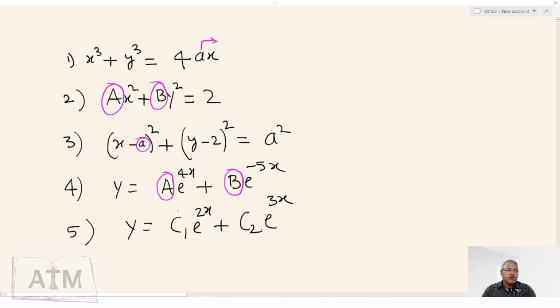And in the last example, again there are two arbitrary constants, that is C1 and C2. If you wish to find the differential equation from this algebraic equation, then you have to eliminate the arbitrary constants.